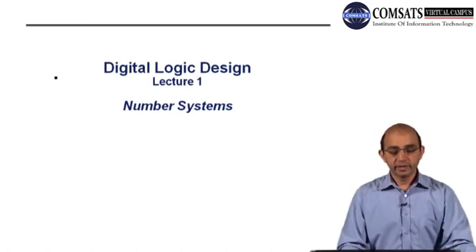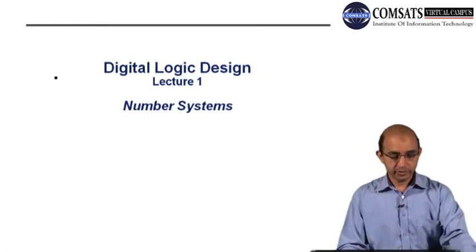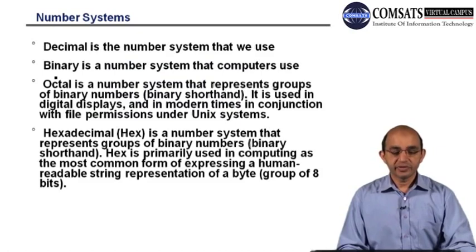So let's start lecture number 1, number systems. As I have mentioned, there are different number systems available now. Decimal is the number system which we use in our daily life, and the binary number system is used for computer design.